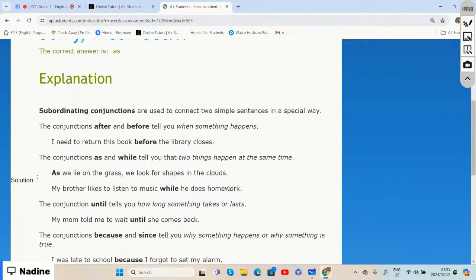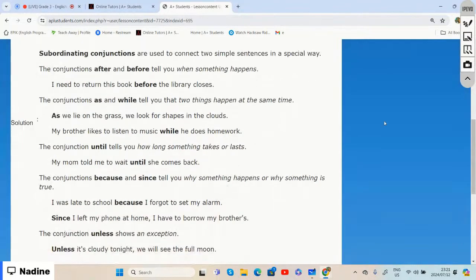All right, so once again, subordinating conjunctions are used to connect two simple sentences in a special way. Look at the words in bold. Here we have the words after and before, and they tell you when something happens.